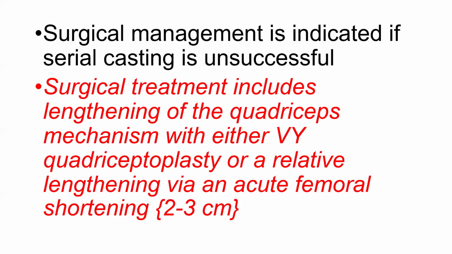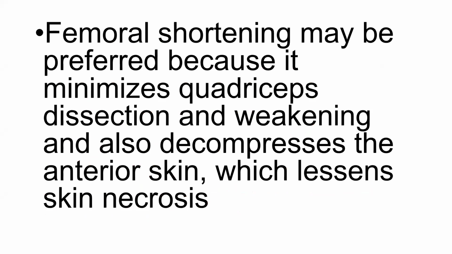Femoral shortening may be preferred because it minimizes quadriceps dissection and weakening, and also decompresses the anterior skin, which lessens skin necrosis. Because if you have a hyperextended knee and you're stretching it to flex, the skin anteriorly is under strain and stress, and it can slough, it can undergo necrosis.